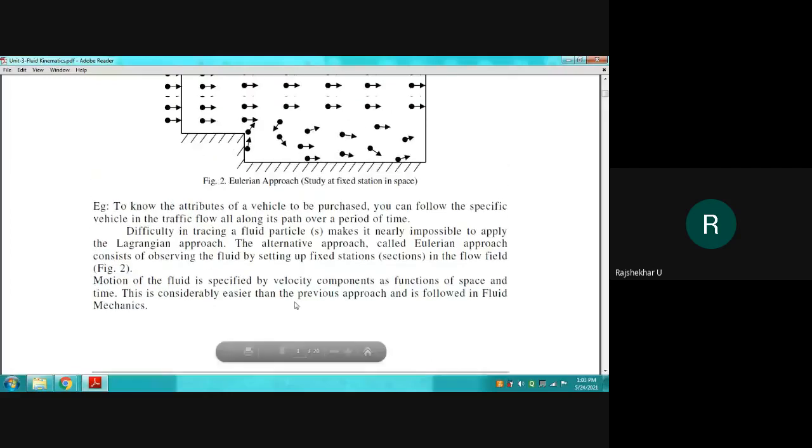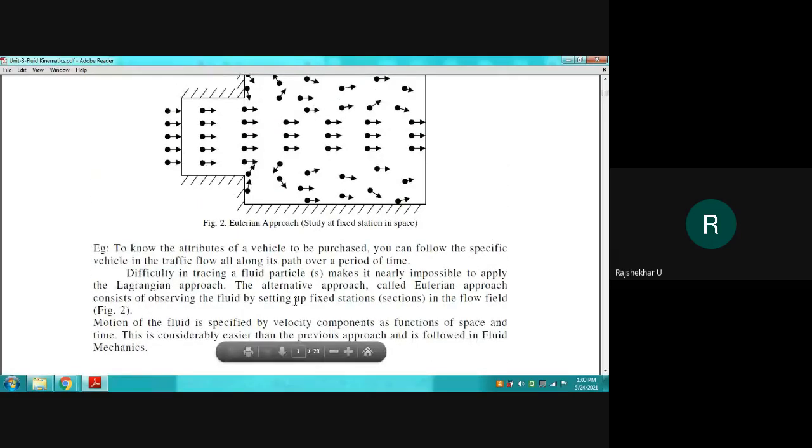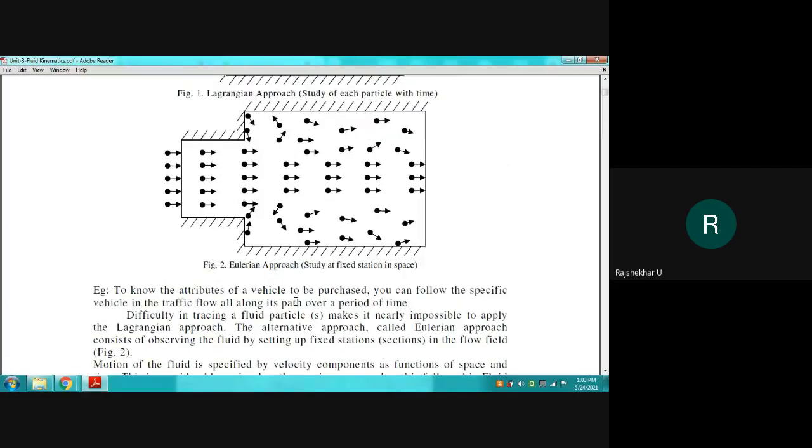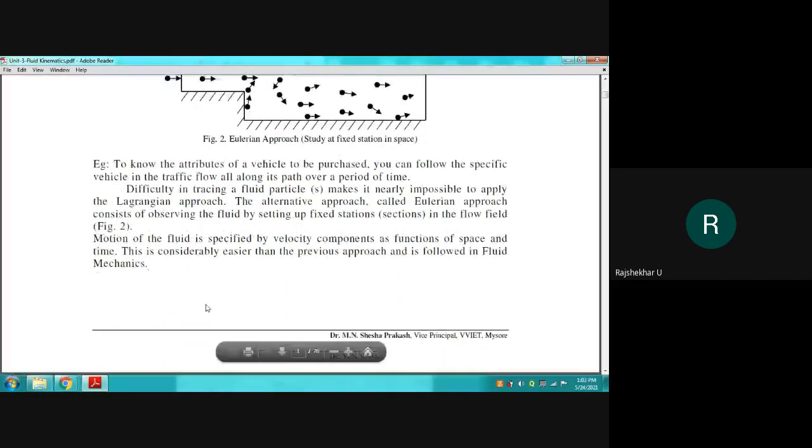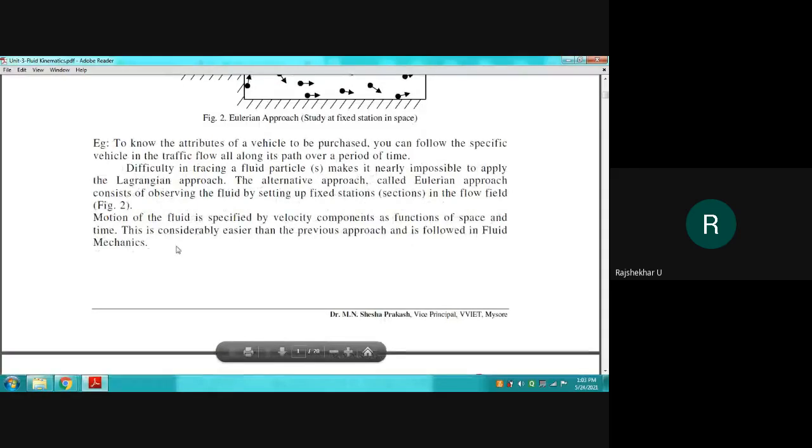So when we compare Eulerian to Lagrangian, Eulerian becomes much easier and practically feasible. But if you consider Lagrangian, as the example was given, a car is moving in traffic. It becomes very difficult to track the properties of that particular car, its velocity, its acceleration, and other properties.